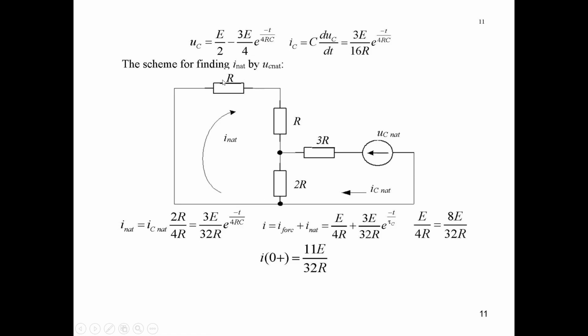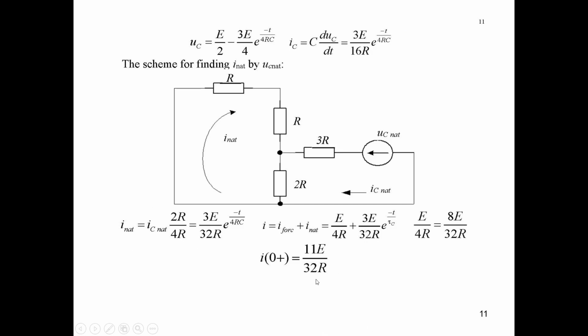Therefore I natural in one of these branches will be equal to this current IC natural multiplied by the resistance of the opposite branch, 2R, and divided by the sum of resistances of these two branches, 2R plus 2R equal to 4R. And then we substitute here IC natural, and we've got this I natural.